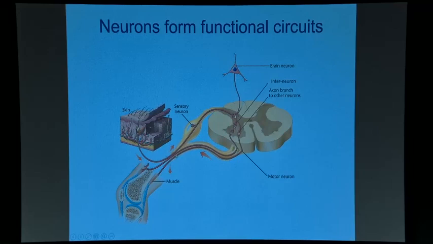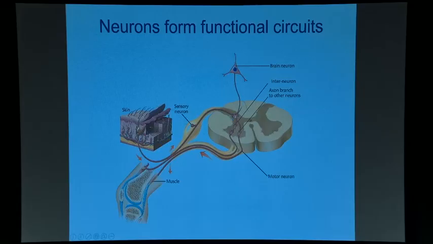Okay, so a signal conveying that event, that touch on our skin, is being conveyed into our spinal cord, and the axon of the sensory neuron in this example is forming a synapse with the dendrites of an interneuron that's located inside of our spinal cord.